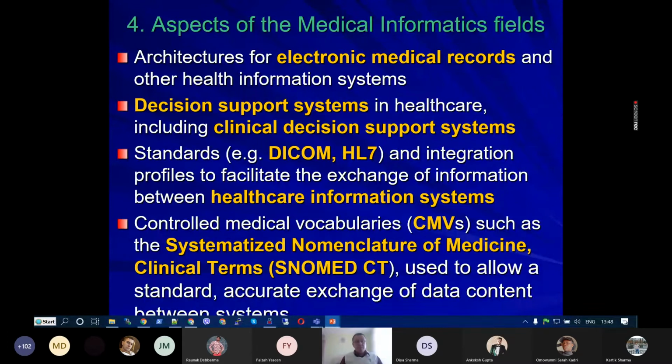But this top pair of aspects of activities under medical informatics will be impossible without the bottom pair, without very hard and very difficult work dedicated to creating various standards which make possible interaction between different digital systems.